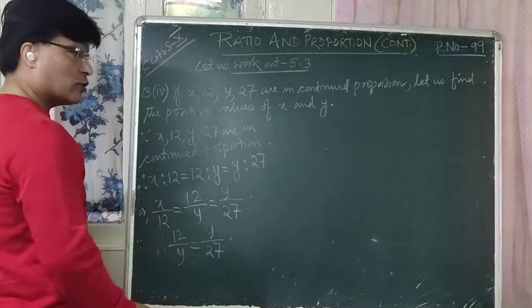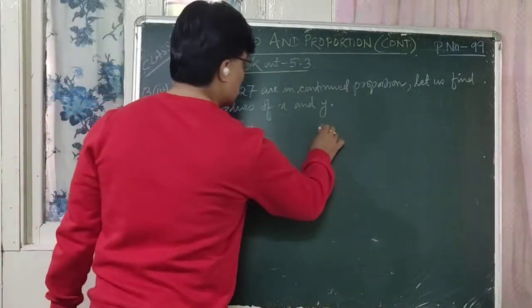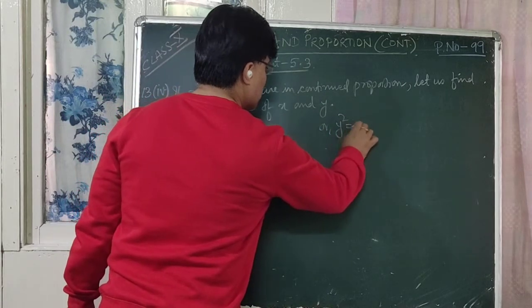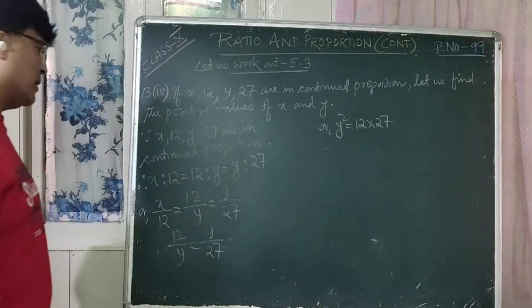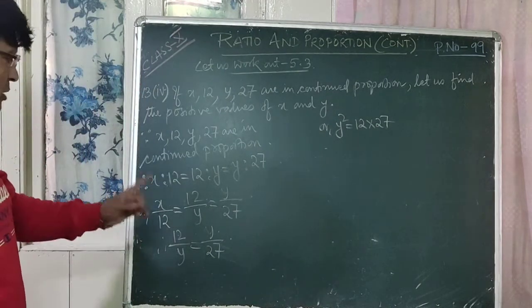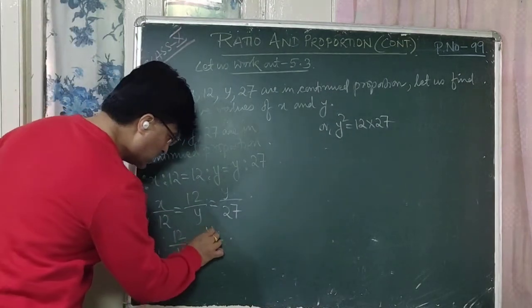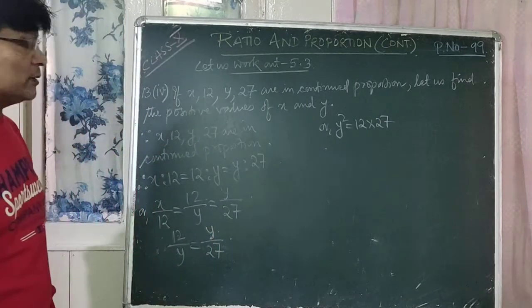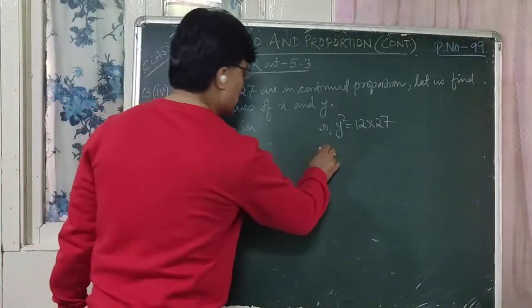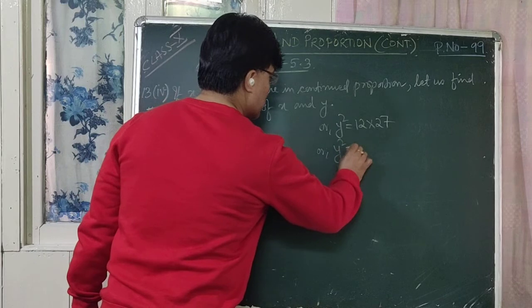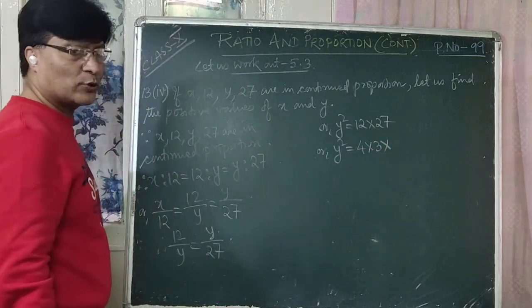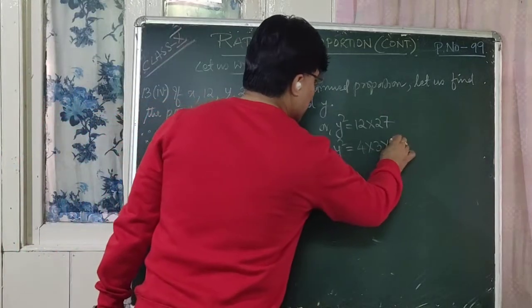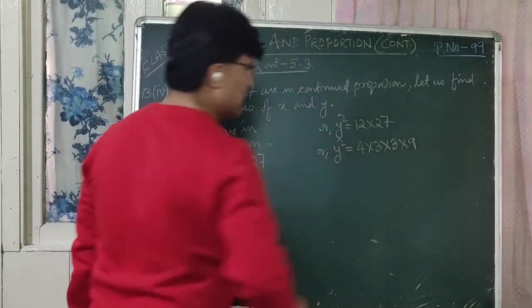So let us do cross multiplication. y into y, that is y square is equal to 12 into 27. y into y is y square. So this is your y square is your 12 into 27. Let us simplify it. Or y square is equal to 12 can be written as 4 into 3 into this 27 can be written as 3 into 9, right?